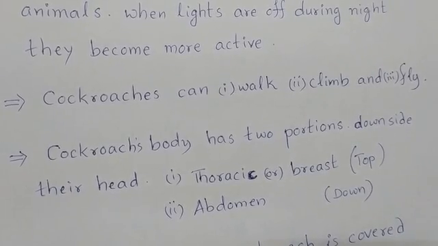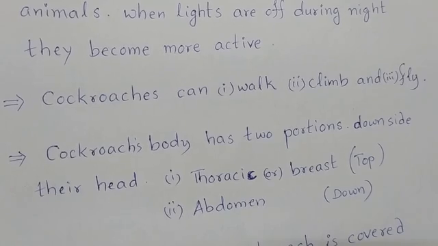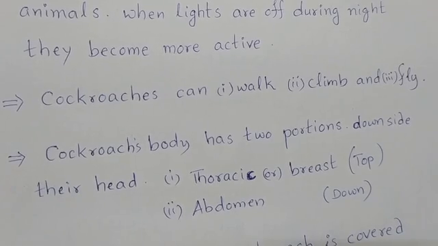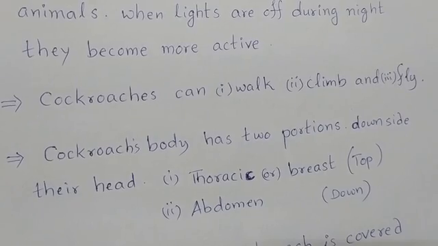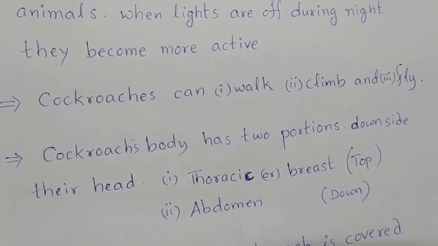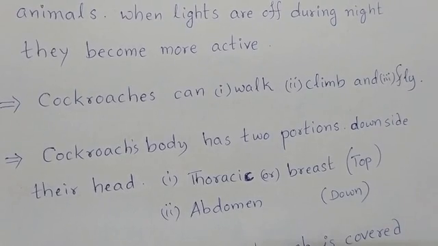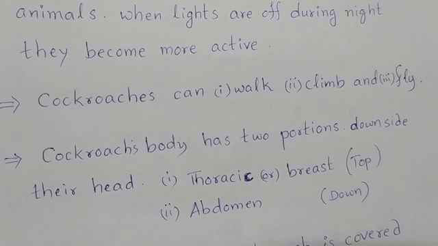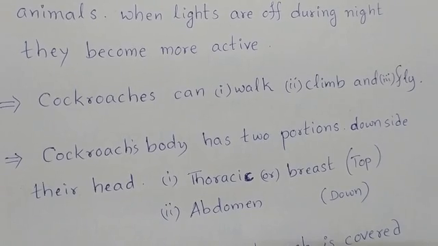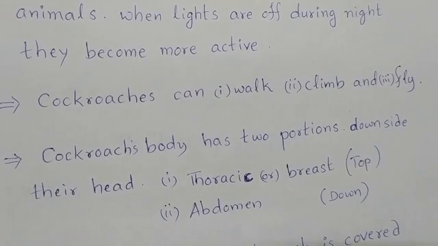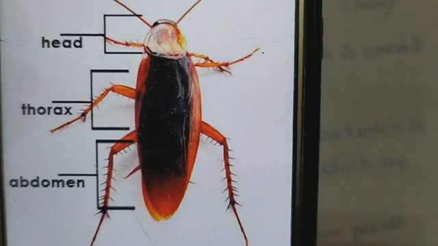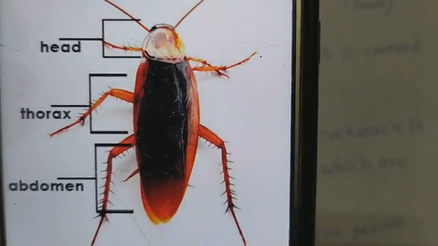The body of the cockroach has two portions below its head. The first portion is called thorax or thoracic portion or breast portion, which is the top portion. And the next portion is called abdomen, which is the downside portion. See the body of the cockroach.